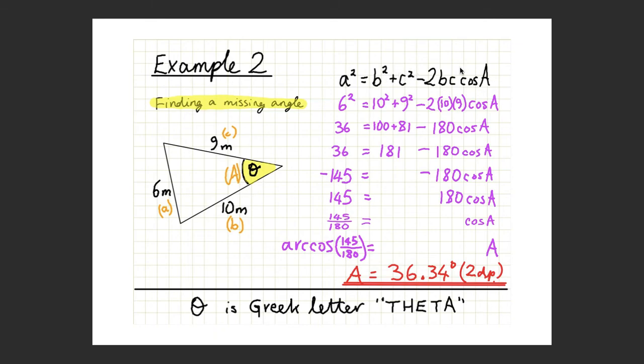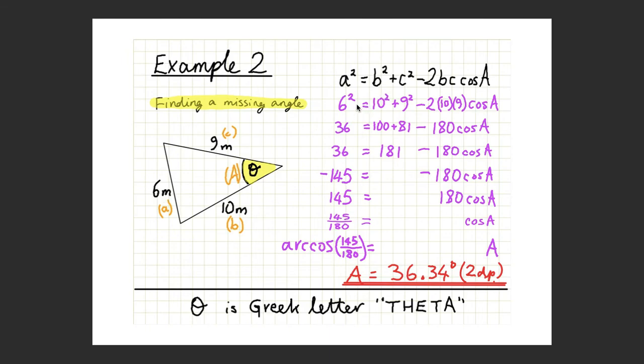There's a certain symmetry to the b's and the c's, so that doesn't matter. But you've got to label it correctly. So again, we've got a squared equals b squared plus c squared minus 2bc cos A. So the A is what I'm calling the Greek letter theta for the purposes of this. The b and the c are 9, and the little a is 6.